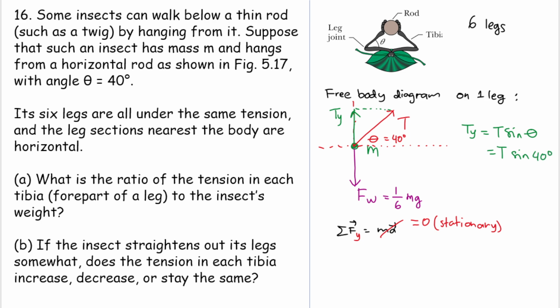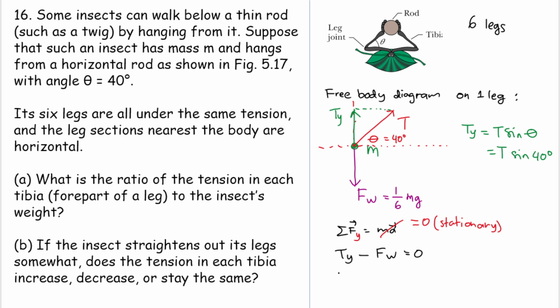Good. And now let's plug that in. So sigma F in the positive direction, I will have Ty. And in the negative direction, I will have Fw, the force by the weight of the insect. And all of that will equal 0.